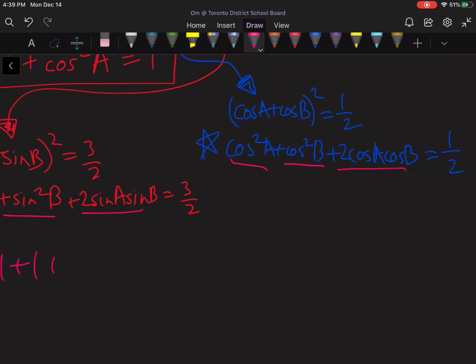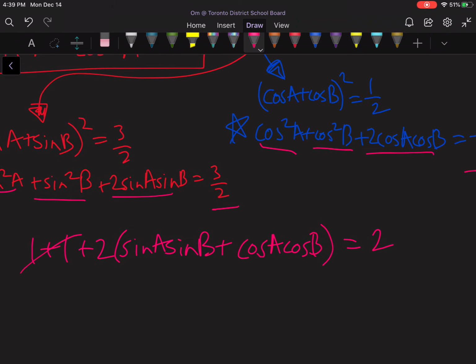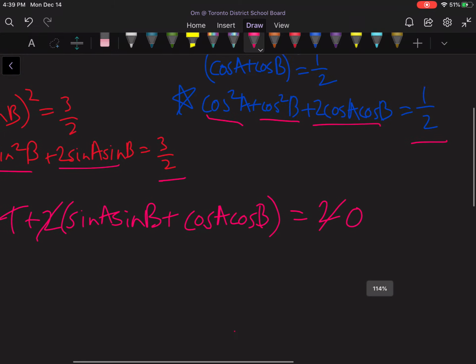And then let's add the other two terms. I'm going to factor out a 2: 2 times (sine a sine b plus cos a cos b) equals 3 over 2 plus 1 over 2, which is just 2. So notice 1 plus 1 cancels out with the 2. We're just left with 0 on this side. Then we can divide both sides by 2, and we're still left with 0 on the right hand side.